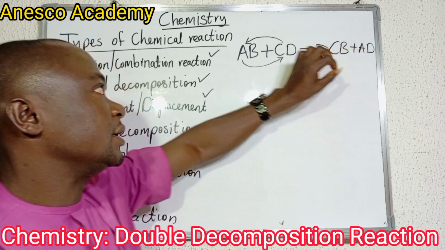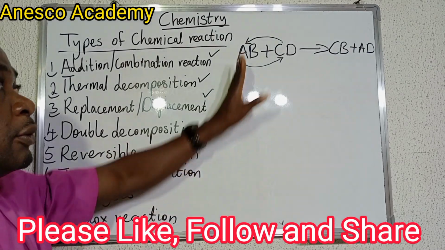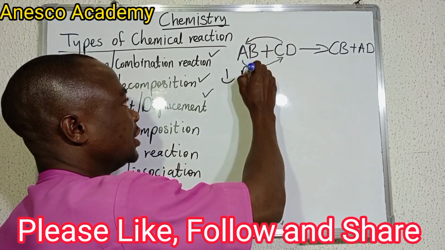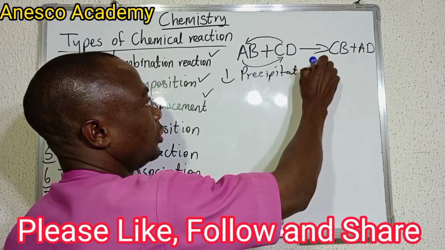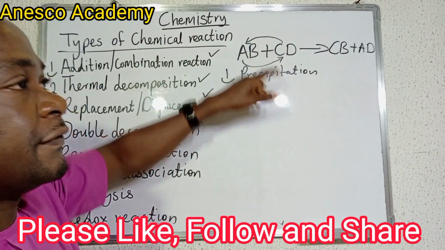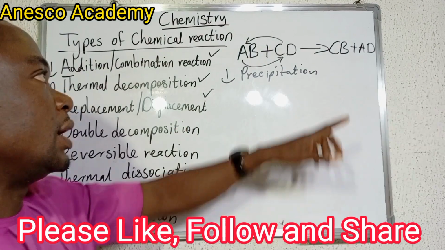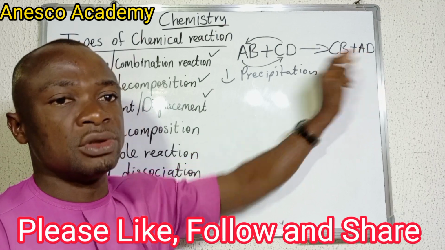Now this type of reaction is called double decomposition, and we have four types of it. Number one is precipitation reaction. We call it precipitation reaction if the two compounds reacting are soluble and one of the products is not soluble.